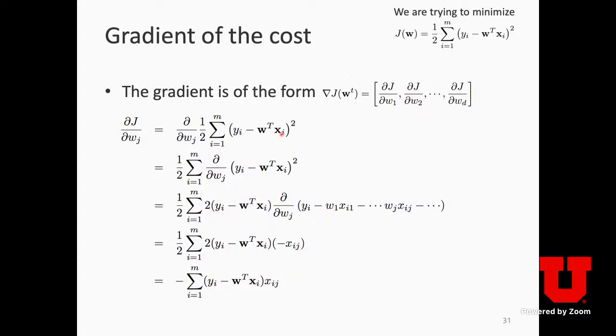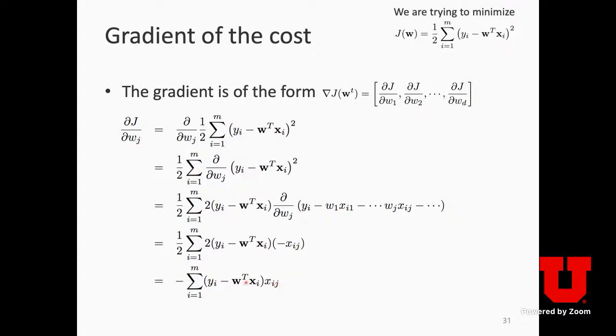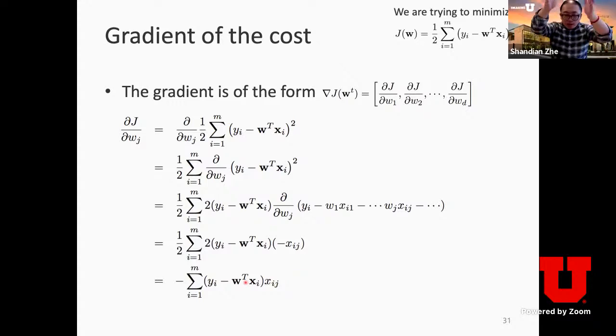And j isn't changing, because we're trying to calculate the gradient with respect to wj, the j-th element in the weight vector. So you look at the error in predicting each of these M training examples, and then you multiply each error with the j-th feature in that instance.